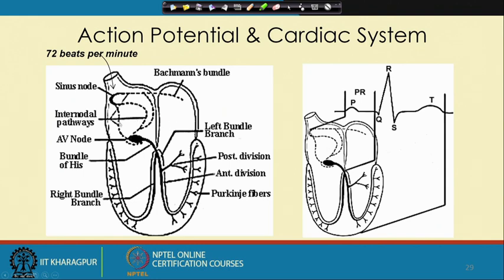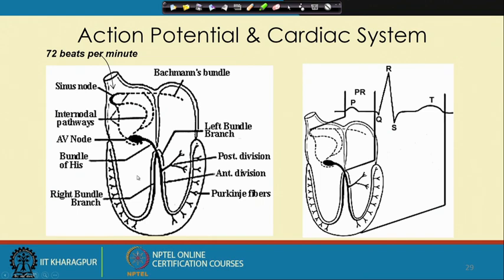At the same time, when the right atrium is getting the blood from the veins, the left atrium is collecting the blood coming from the lung, and both these upper chambers get compressed simultaneously and allow the flow of blood from the atrium to the corresponding ventricles.